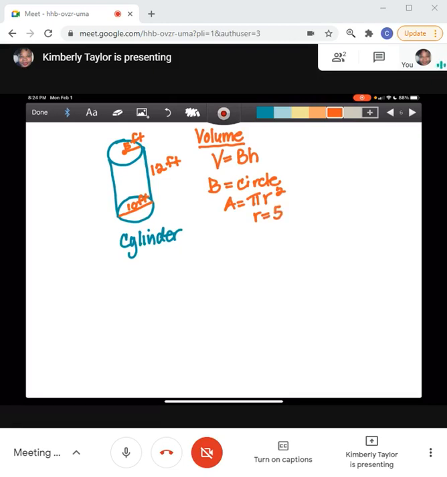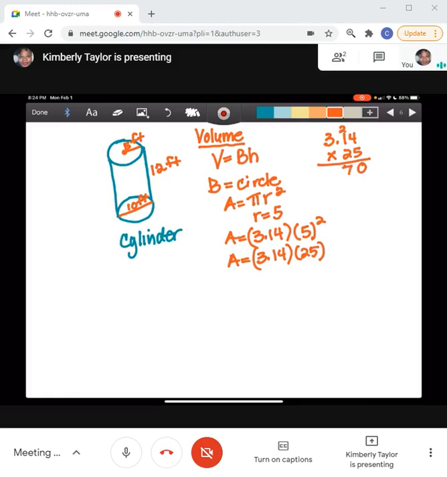So in order to find it, I do 3.14 times 5 squared. Now 5 squared is 25. So 3.14 times 25. So let's do the math for that. 3.14, 25 gets you 20.